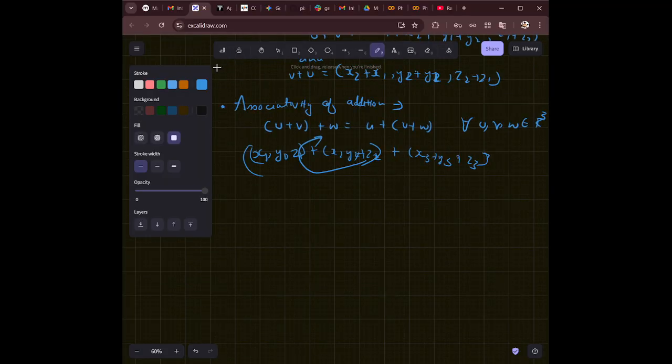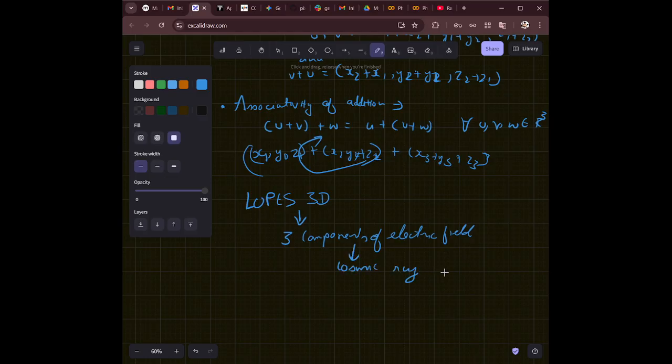As I searched on the internet, the most simple thing that I was able to find was LOOPS 3D, where the scientists measured three components of the electric field produced by cosmic ray air showers at antennas.